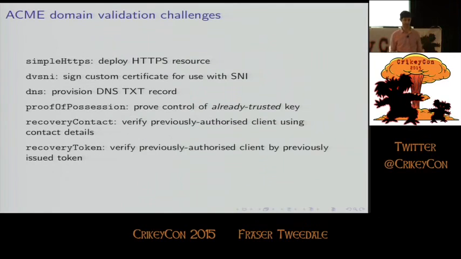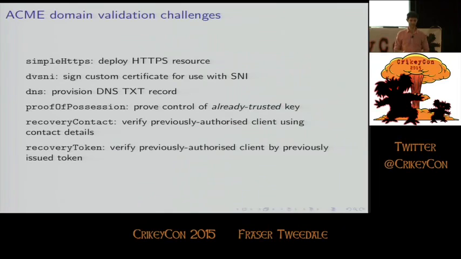There are 6 validation challenges at the moment. More may emerge. So there's simple HTTPS, which is basically a formalization of the, hey, just put a file on your website somewhere, and we'll go and check that you put that file with some certain contents.